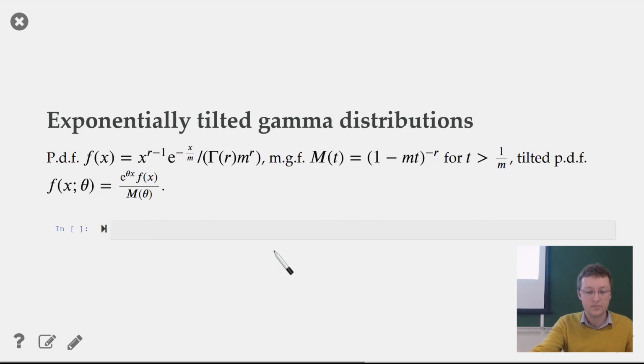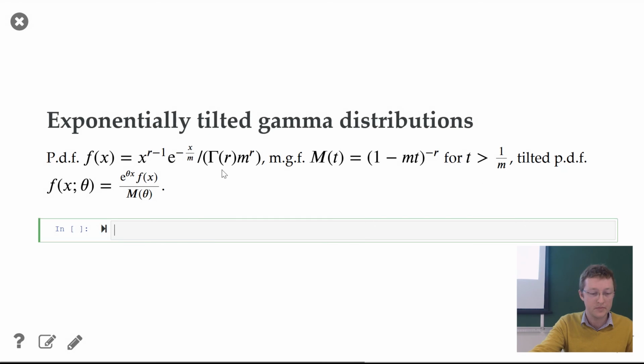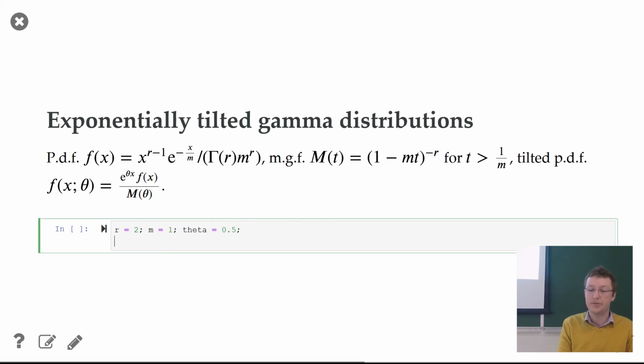So what does this look like? Just for some gamma distribution, r equals 2, m equals m, if you tilt it by a little bit, theta equals a half, then that scaling factor that we just looked at is 1 minus m theta to the power of minus r.